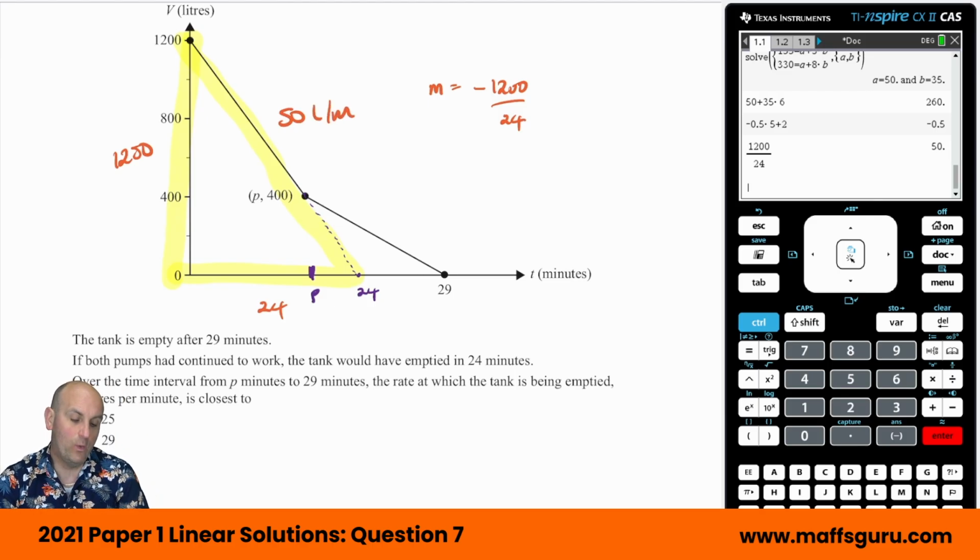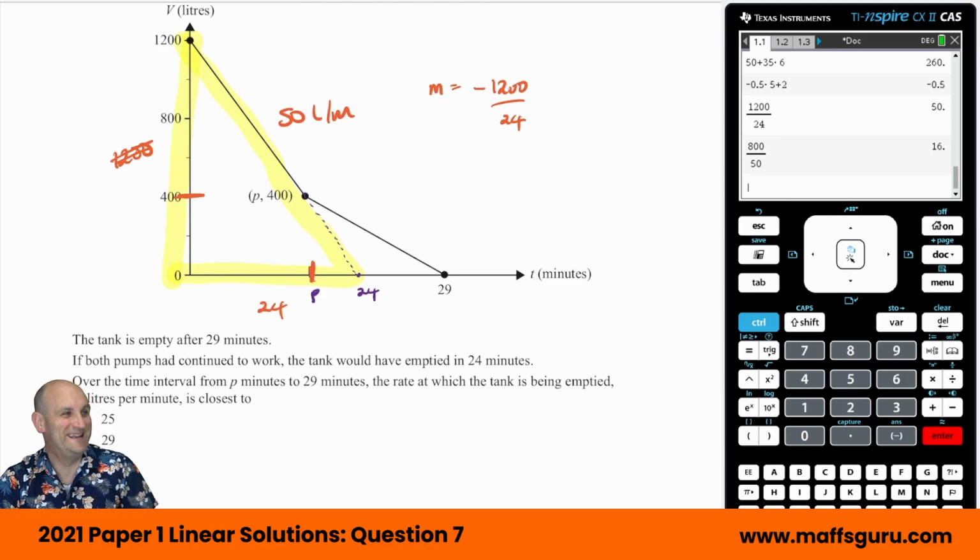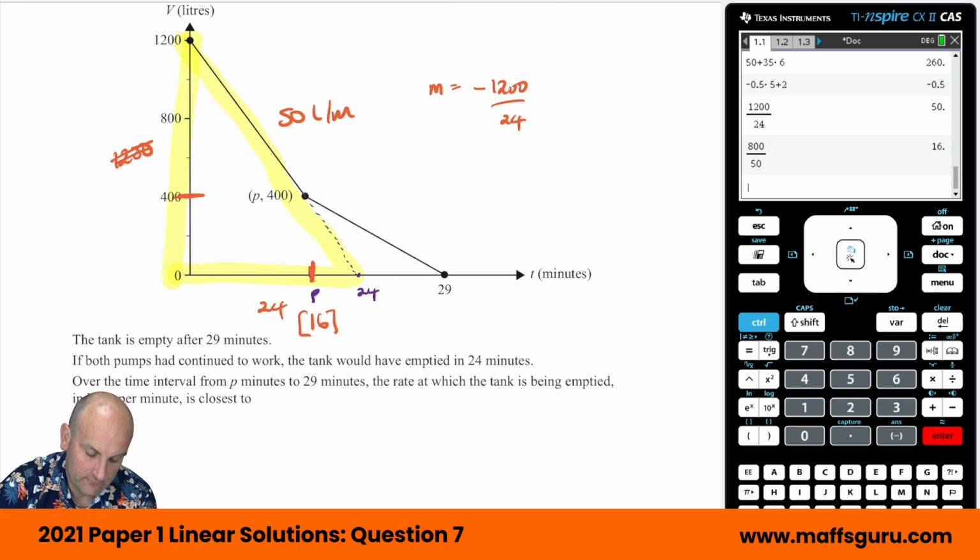Because I can now work out the value of P. Bearing in mind we've now here got rid of 800 litres, so 800 divided by 50 gives me 16 minutes. So now we know the value of P is 16 minutes.